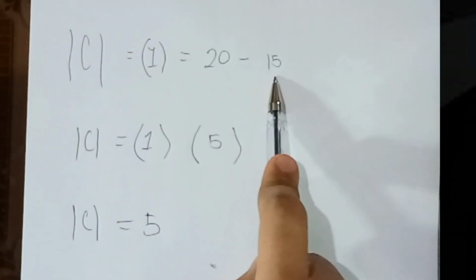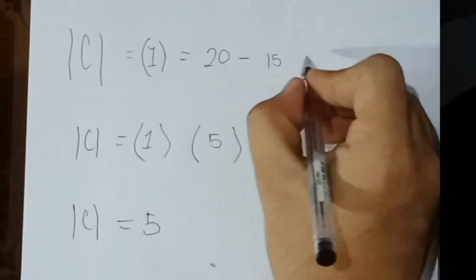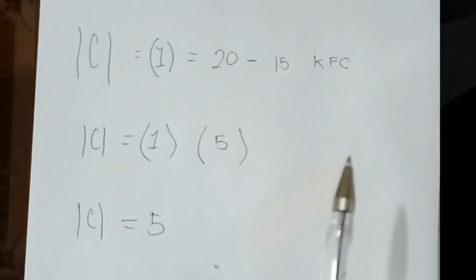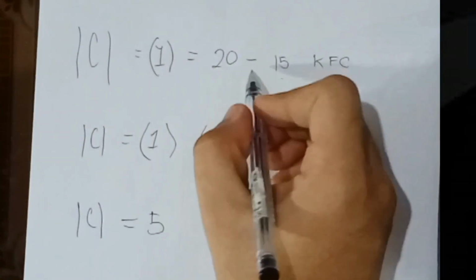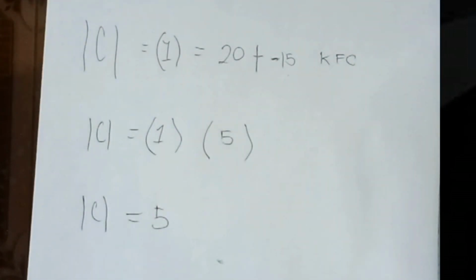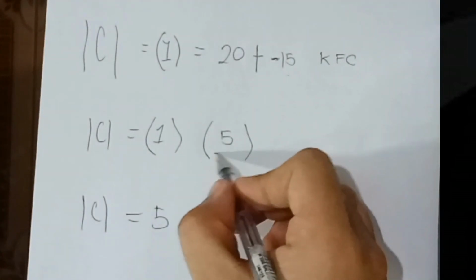Ito, gagamit tayo ng KFC method ulit para ma-solve natin siya. Keep, flip, change. Magiging positive, magiging negative. So, the 20 plus negative 15 is equals to 5.